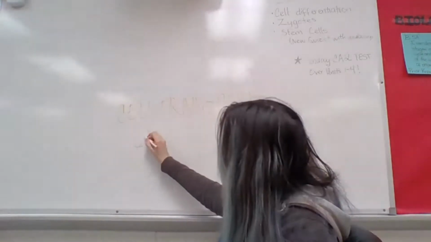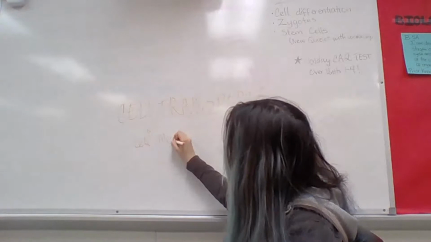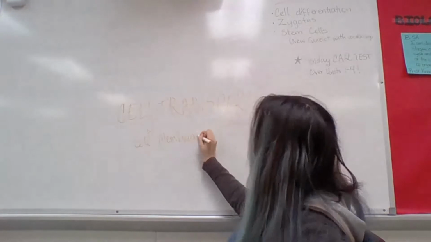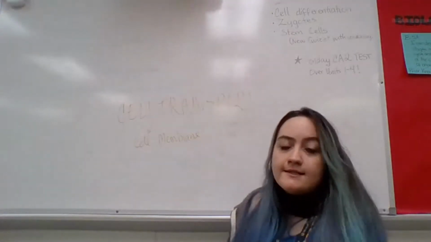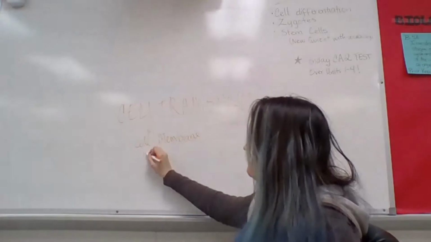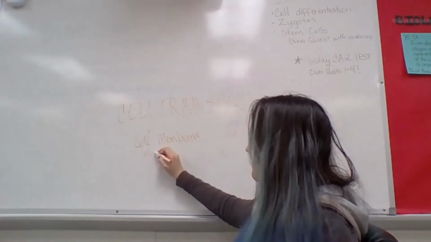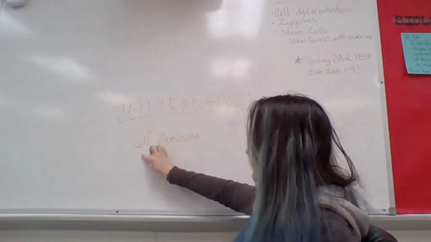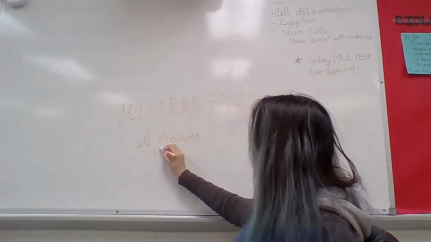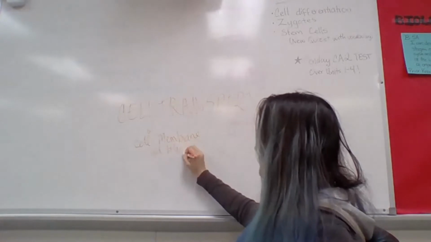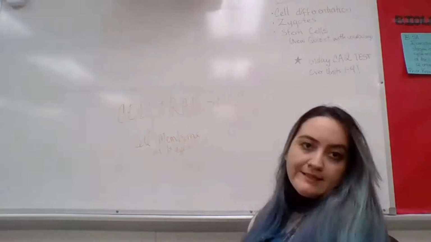That is your cell membrane. So the cell membrane is made out of a lipid bilayer, which means there's two layers of lipids.